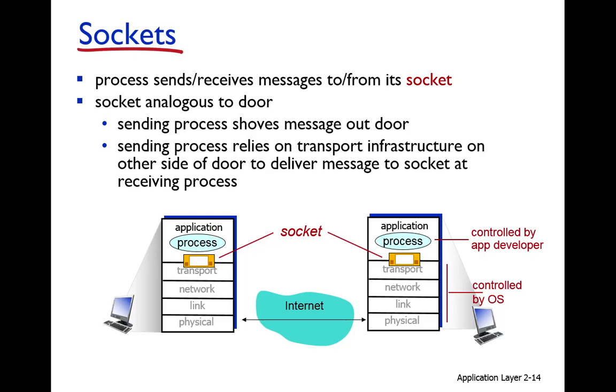For example, if I am talking to you, if I want to talk with Josefa, I should say, Josefa, I am talking to you. So your name is used to identify you. Similarly, when one process is sending data to another process, there should be an identifier to identify who is talking to whom.